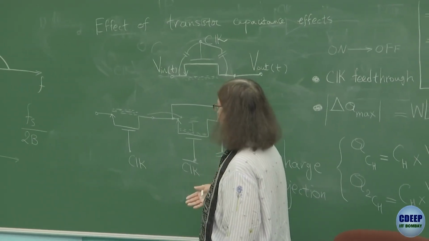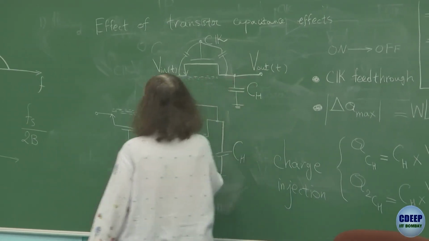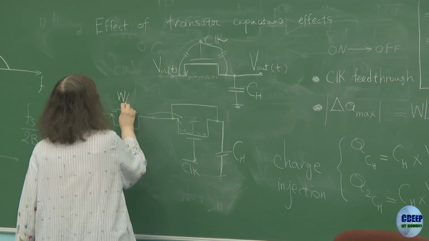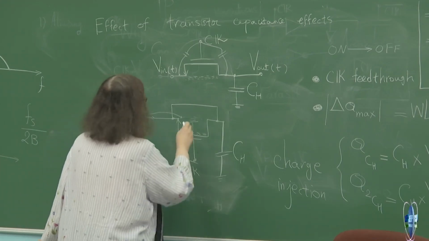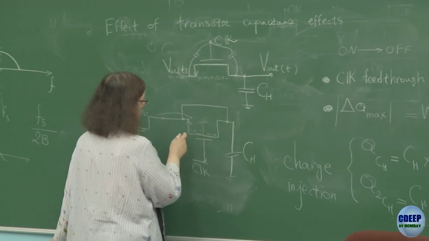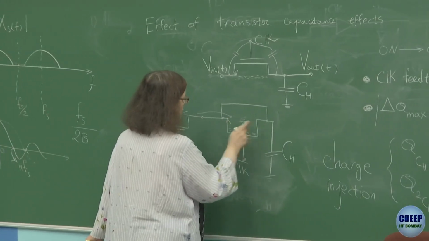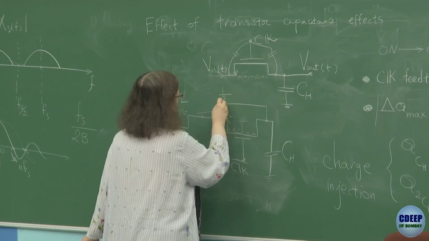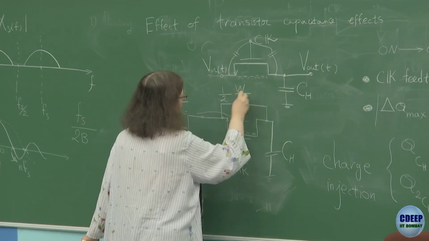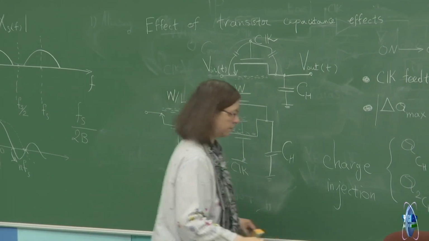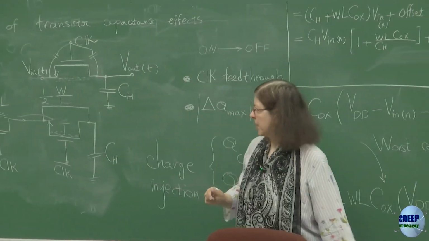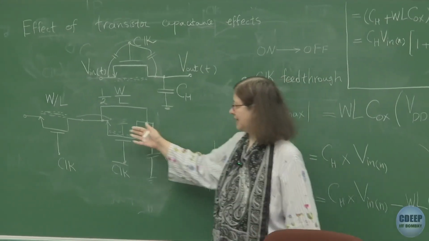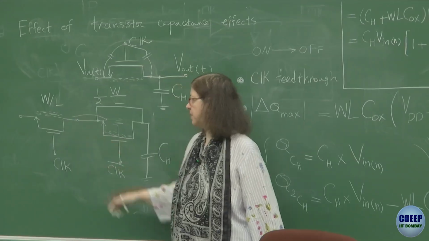And to make their dimensions exactly the same, if this is W upon L, this will be, because you are shorting, so you have equivalently two terminals. Therefore, the best way it works is if the size of the transistor is half of W upon L, because it's connected only to the drain or source, either of these terminals.